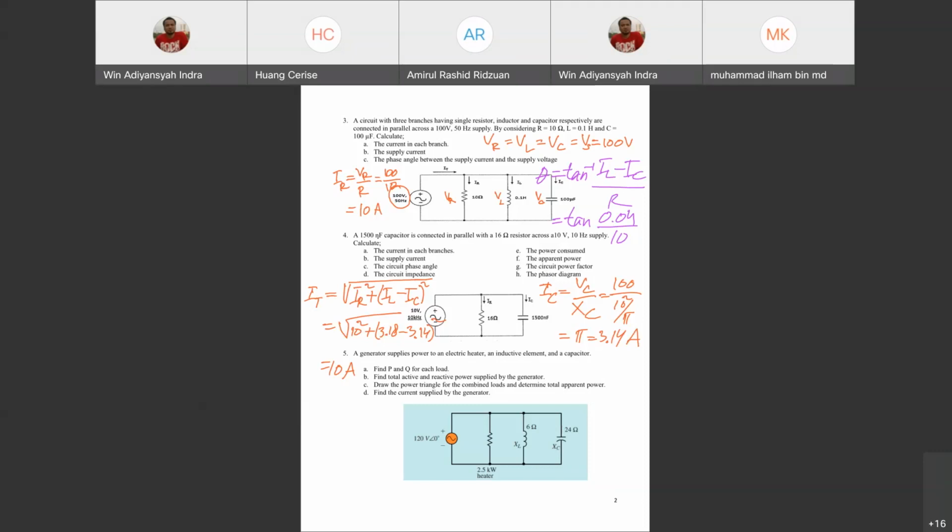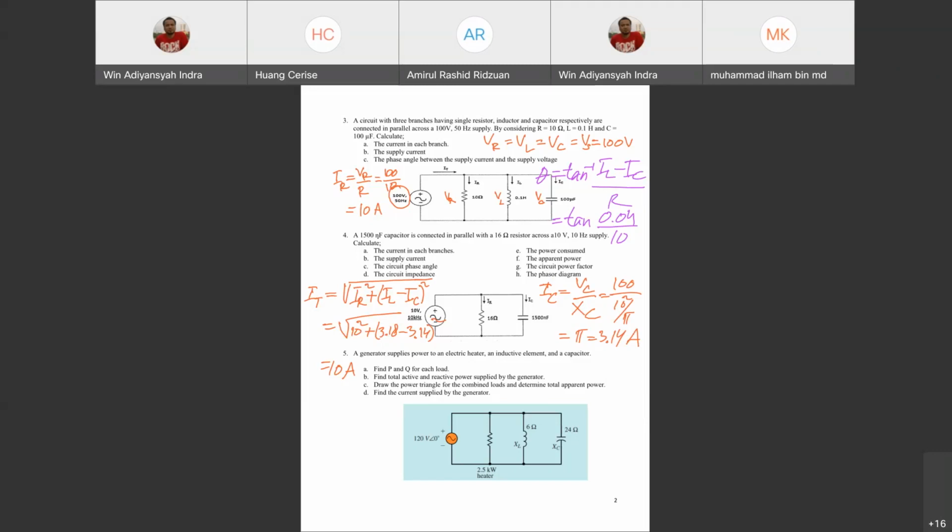On the calculator, inverse tangent of 0.004. Use radian, not degree.